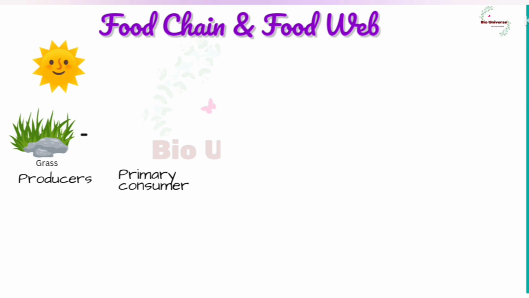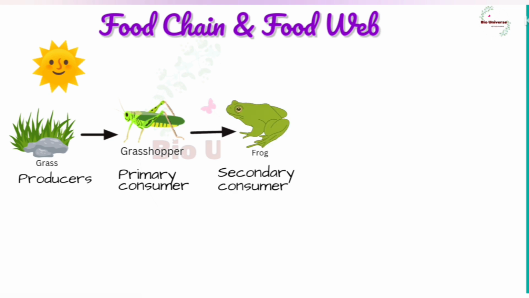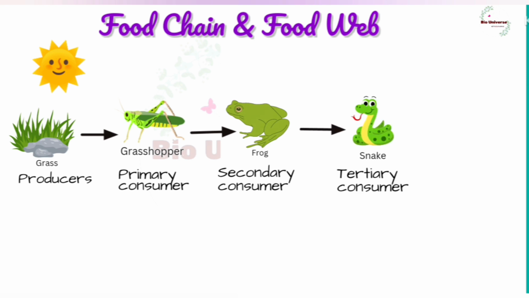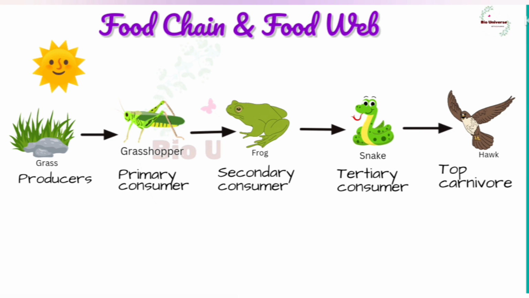When a primary consumer eats the producer, a part of this energy is passed on to it. The primary consumer is then eaten by a secondary consumer, and the secondary consumer may be eaten by a tertiary consumer, and so on. In this way, energy gets transferred from one consumer to the next higher level of consumer.